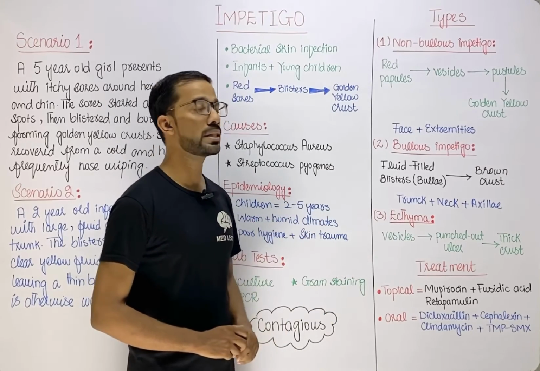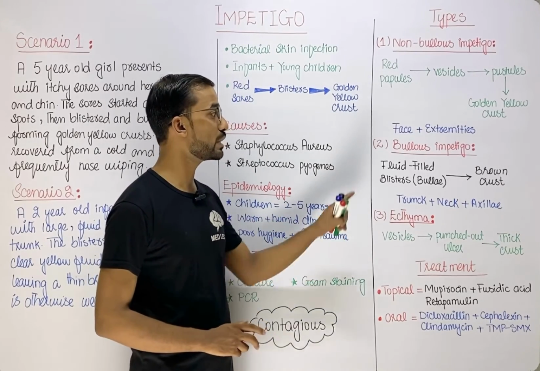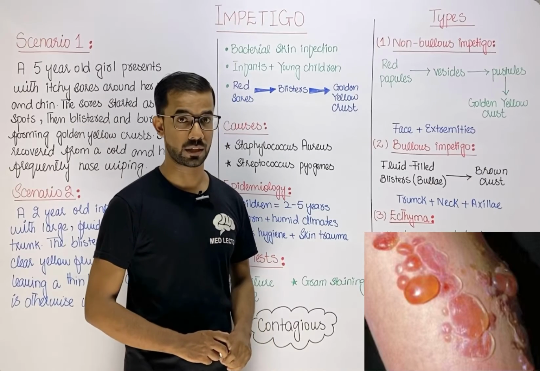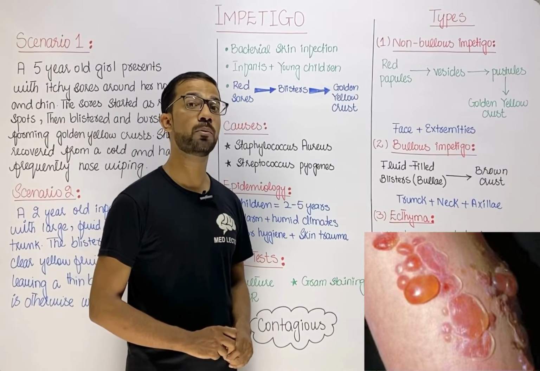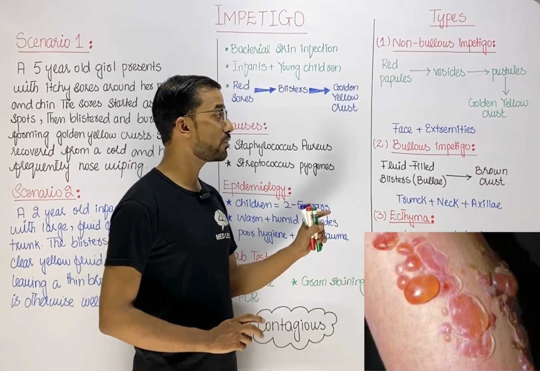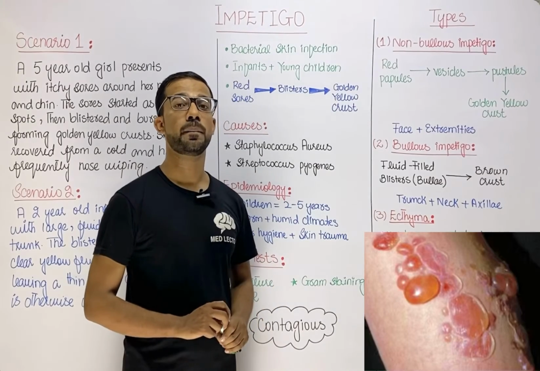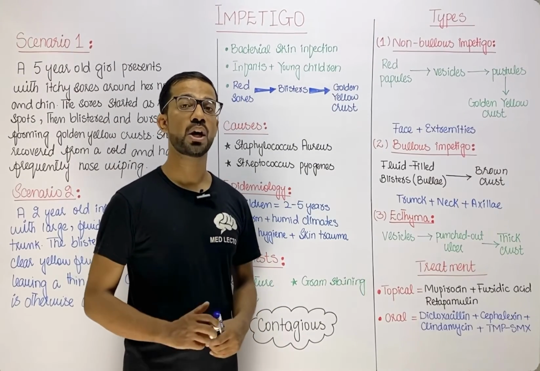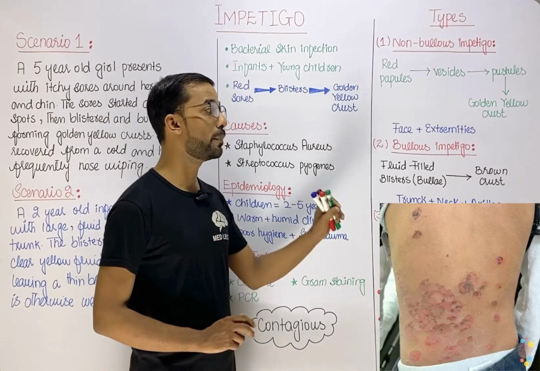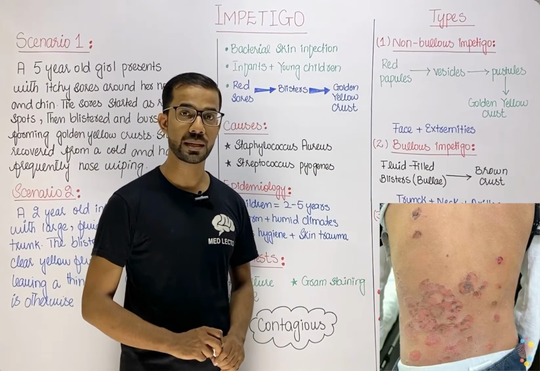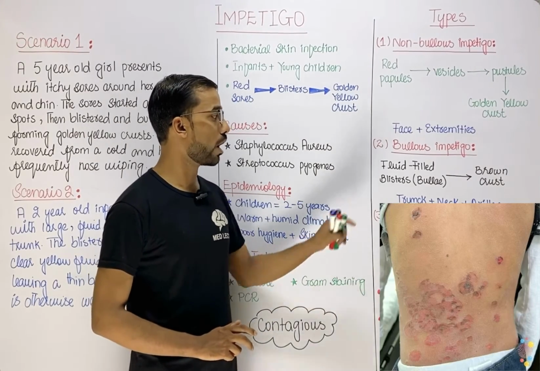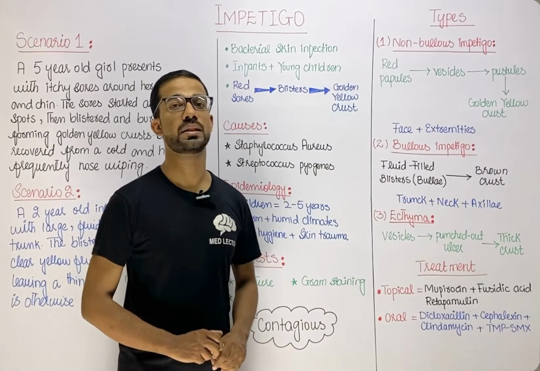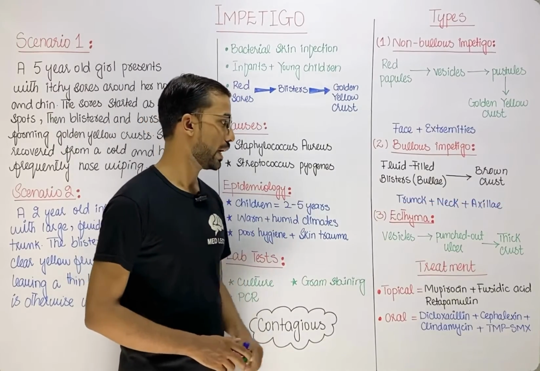Next, you will see bullous impetigo. In that case, you will see fluid-filled blisters, also known as bullae. When these fluid-filled blisters or bullae burst, you will see the formation of a brown crust. That is the important thing, and it is common on the trunk, neck, and axilla, meaning under the armpit.